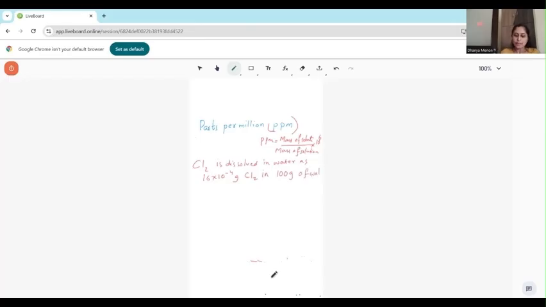So, chlorine I have dissolved in water, and they have given you the mass of chlorine, how much is dissolving in 100 grams of water. Find parts per million. Now, parts per million is given by the formula: mass of the solute over mass of the solution times 10 raised to 6.